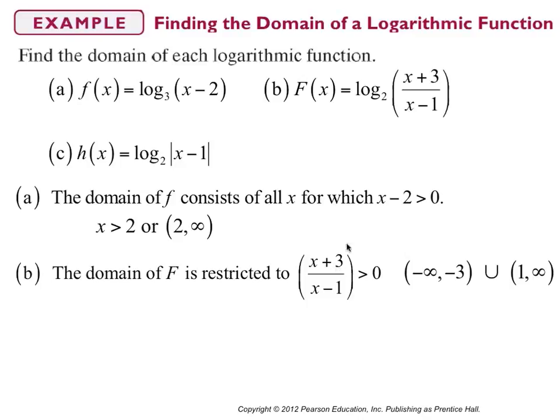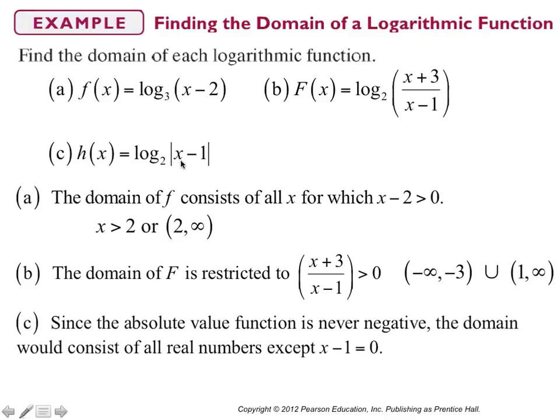What you need to do for this one is find the values of your numerator that make it 0, the values of the denominator that make it 0, and then create a number line where you separate the number line by those values, and then use test points. But if that sounds not familiar to you, I would make sure that you go back and watch the video that talked about solving rational and polynomial inequalities. So for this one, you get a solution of negative infinity to negative 3, and then we have this union symbol, and 1 to infinity.